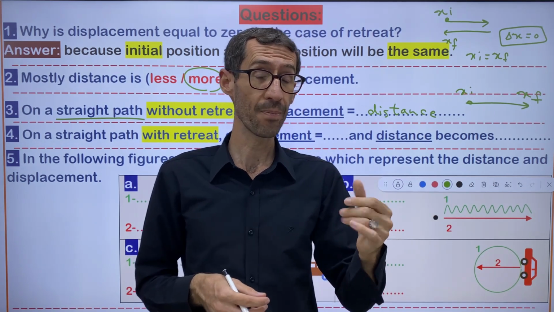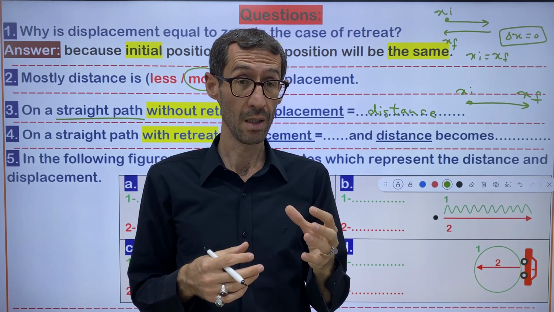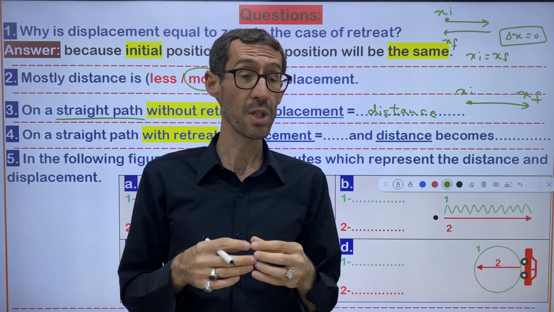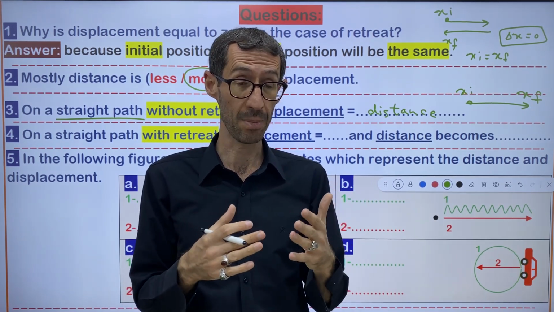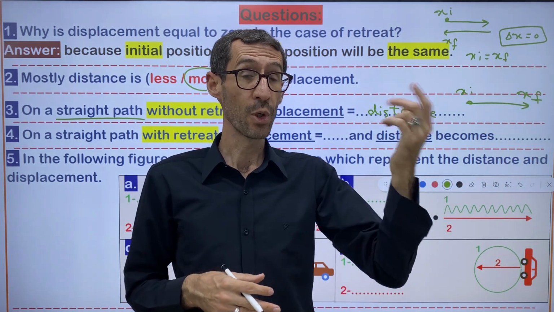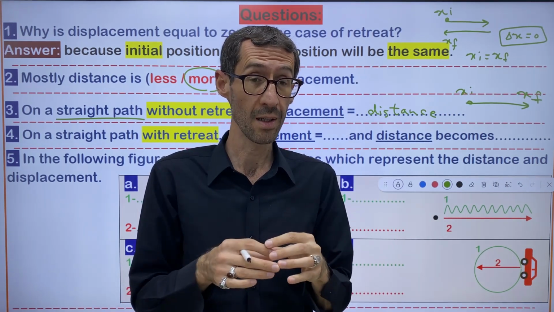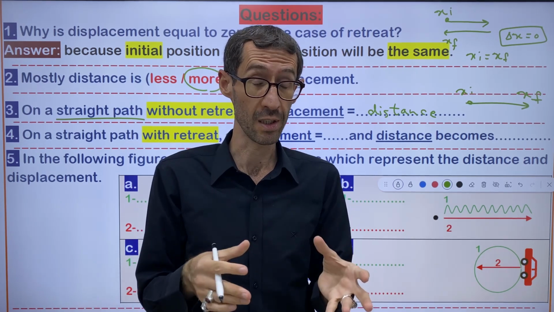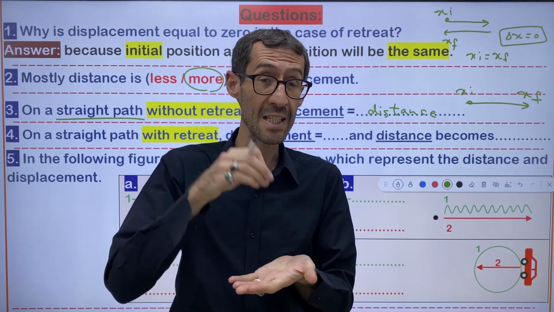So that's why, in the case of retreat, whenever you think about the same example, you travel to a city, and after 2 days, you come back to your home. You park your car in your yard, right? So in this case, you park the car in the same position.